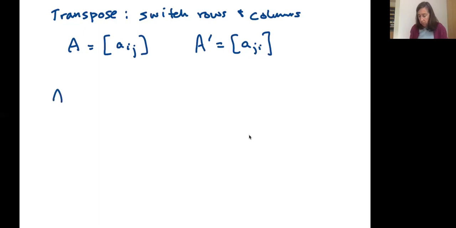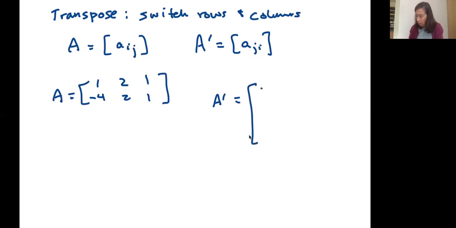So let's take a specific A, the one we were looking at just a minute ago, with rows 1, 2, 1 and negative 4, 2, 1. If I start with A, I go to A prime by making the rows of A the columns of A prime. My first row of A, 1, 2, 1, is my first column of A prime. And my second row of A, negative 4, 2, 1, is my second column of A prime.